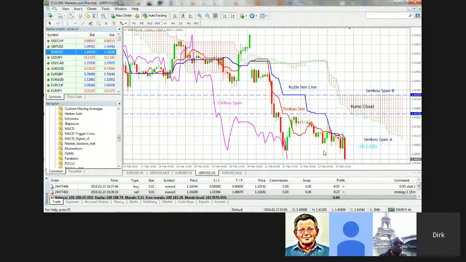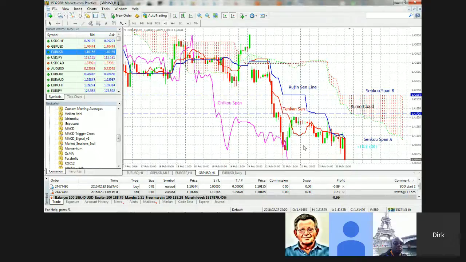The Tenkan-sen is the leading indicator here. If the Tenkan-sen crosses above the Kijun-sen from below, it's a buy signal. When it crosses from above to below, like we've seen right here, that's a sell signal.